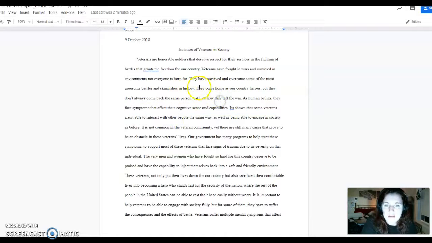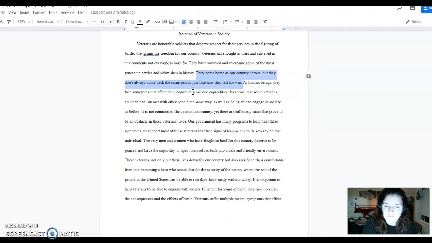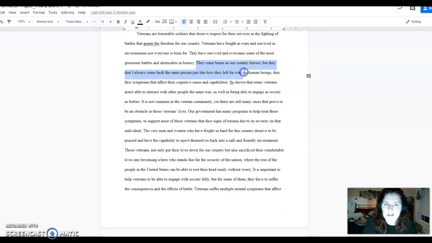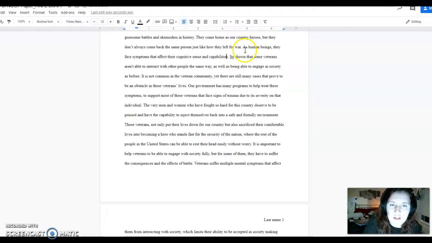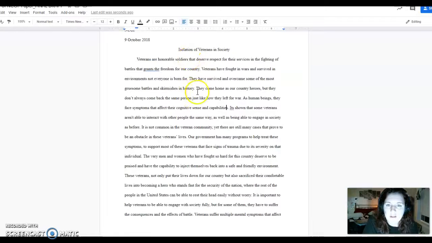Okay, so it says here they come home as our country's heroes, but they don't always come back the same person, just like how they left for war. It's setting us up here, telling us what is going to be talked about: that the veterans have struggles.